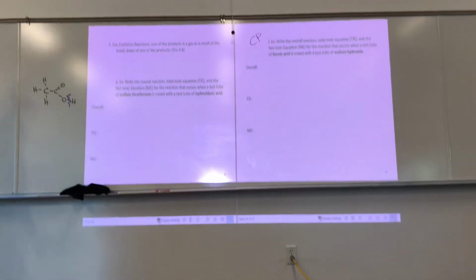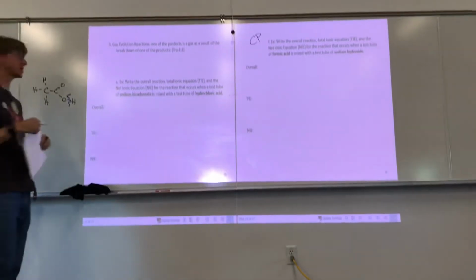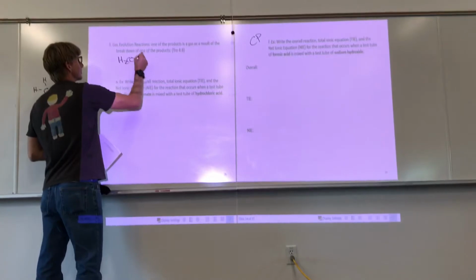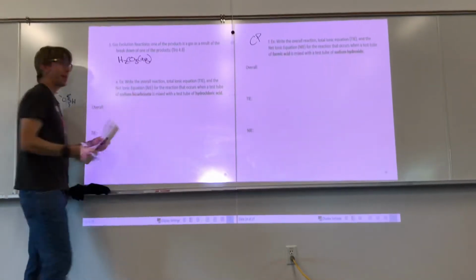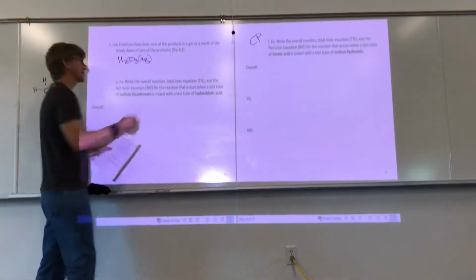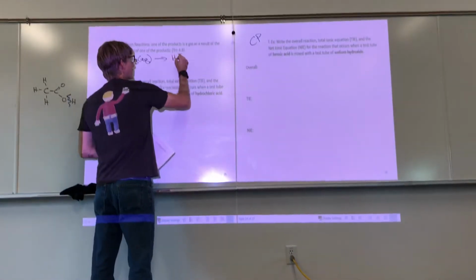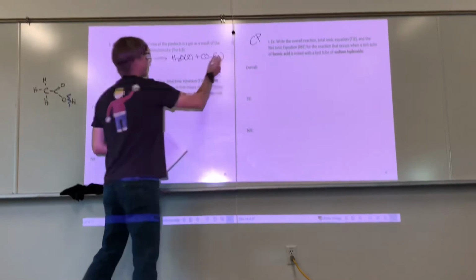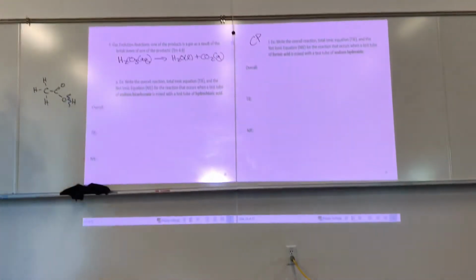This time one of the products is a gas as a result of a breakdown of one of the products. There are two possible products, and let's say this. If your reaction makes carbonic acid, it spontaneously breaks down into water and carbon dioxide gas.